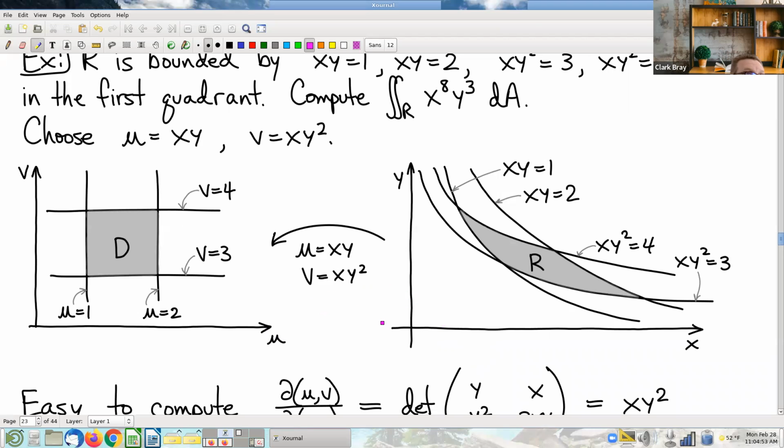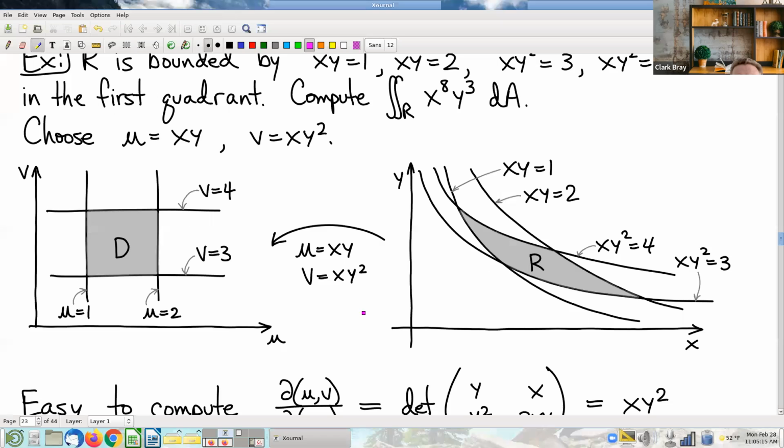Problem, I don't have a formula for x and y, right? Expressions don't push forward. My function's going that way, and I would have to solve for x and y. Not that I couldn't do it, but I would have to solve for x and y, it would seem, to be able to do the plug-in pullback.